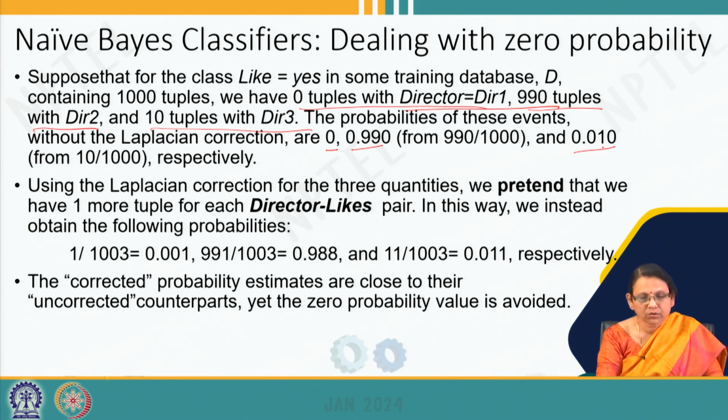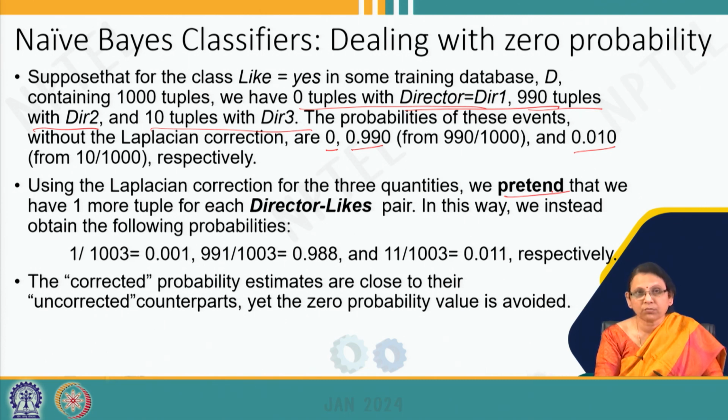Okay. Now without Laplacian correction, we saw that we are getting 0 probability when we consider some tuple where one of the attributes is not existing in the current data set. There is no evidence in the current data set, it is not visible currently. So now what do you do? You pretend, you assume that we have one more tuple of each. So already you had 1000 tuples. Assuming that there is one more tuple for director 1 and one more tuple for director 2 and 3 respectively, we now get 1003 tuples.